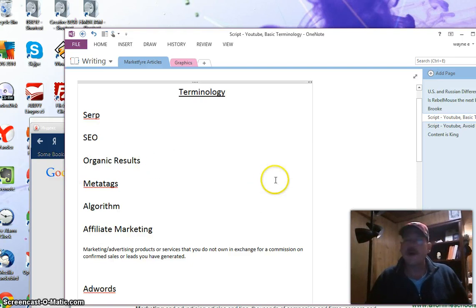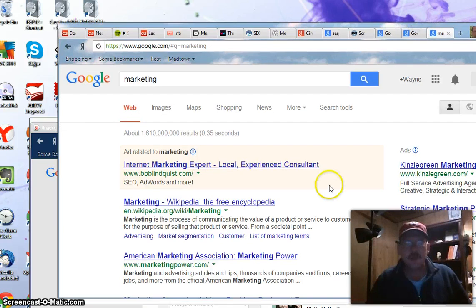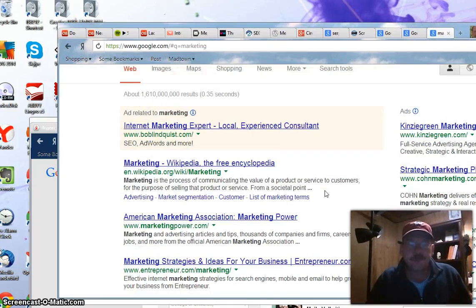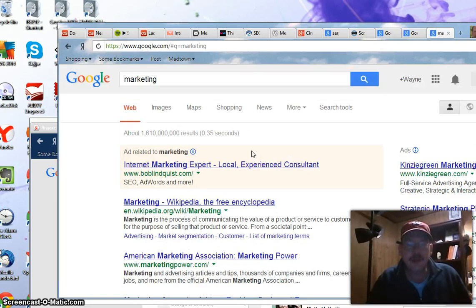Organic results. Again, something that you've probably seen and known many times, just might not have realized that it had a term. When you have ads related to marketing, those are sponsored ads.